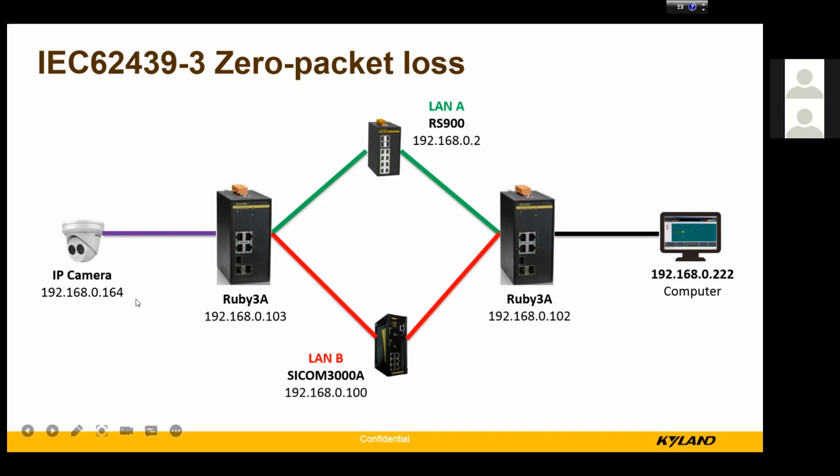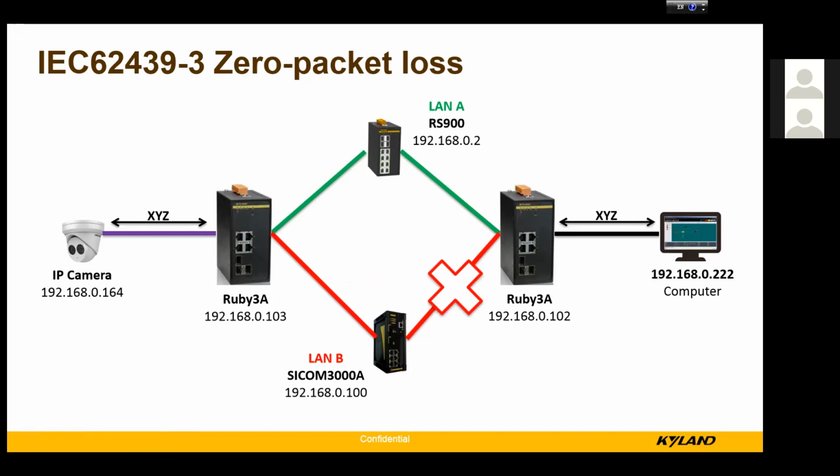When the interlink port receives the data, it will duplicate it to LAN A and LAN B. So it means that on LAN A and LAN B are two same packets. If there is a single failure on LAN A or LAN B, it will have no influence on the other LAN. So it will ensure zero packet loss.